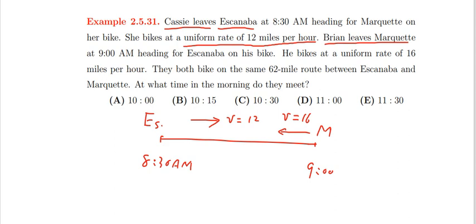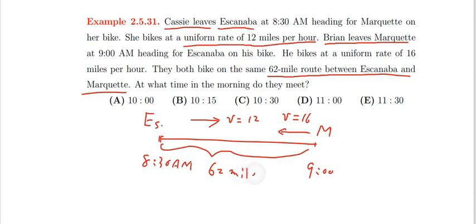So the both bike on the same 62 miles road between. So between the total distance. So the distance is 62 miles. So the question is, at what time they meet?